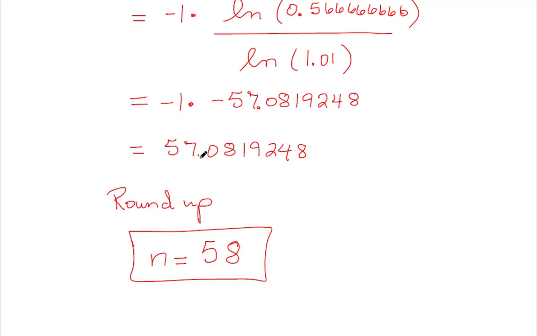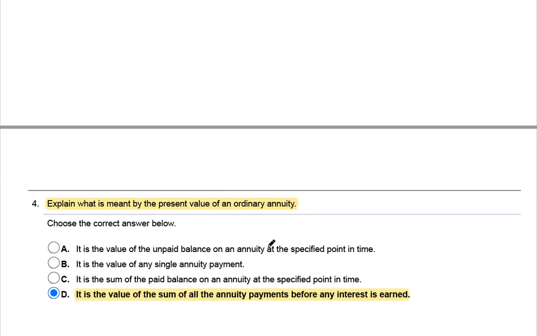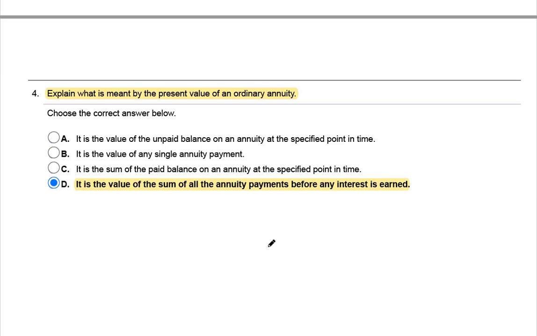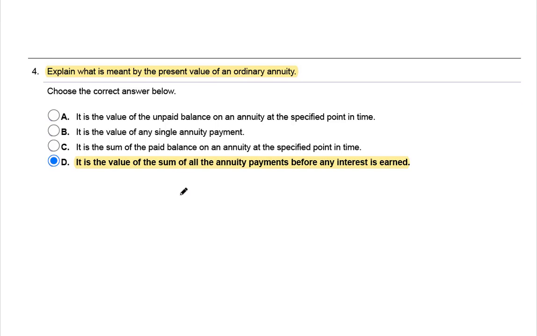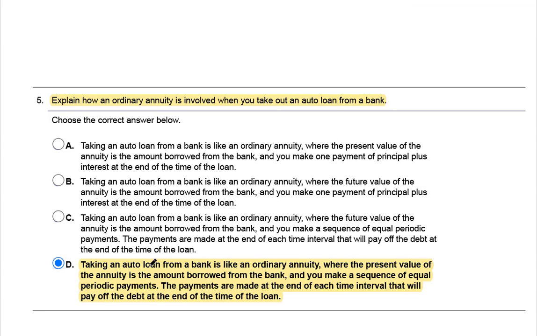So 57 point anything would round up to be 58. All right, explain what is meant by present value. I can let you read that part. And how is it like taking an auto loan from the bank?